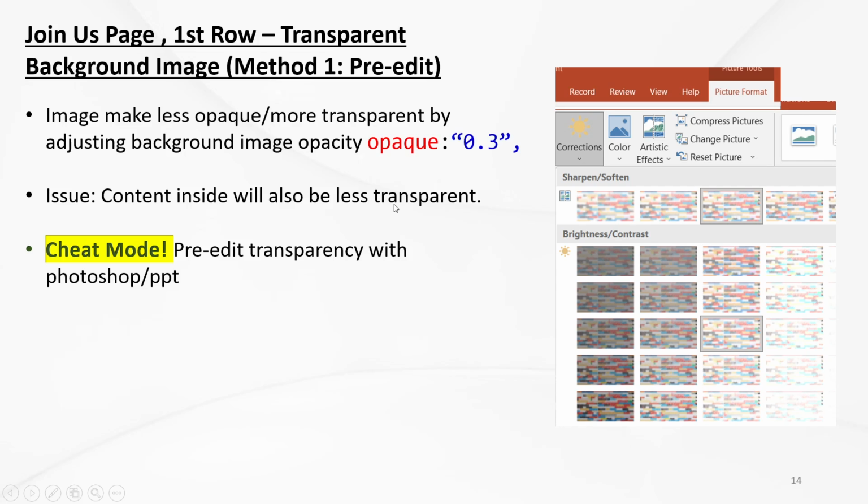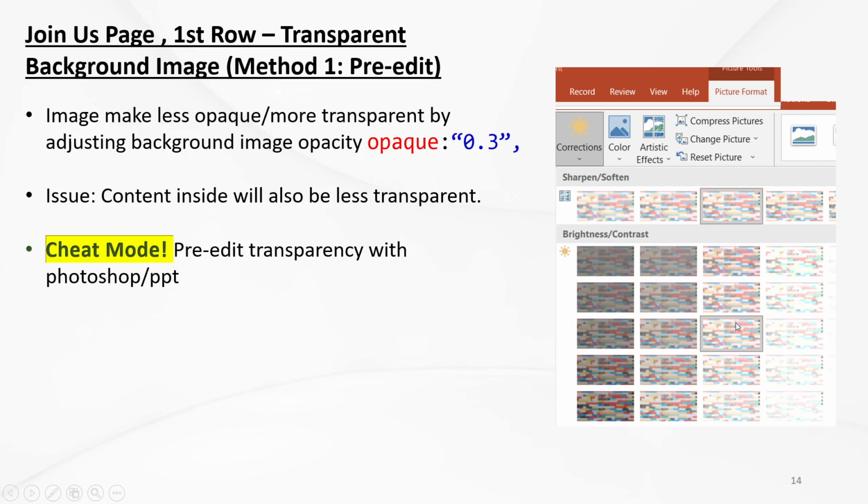So the workaround is to actually cheat by pre-editing the transparency with photo editing software such as Photoshop or PowerPoint slides. PowerPoint, which is what I do. As you can see here, under picture format correction, I'm able to adjust the transparency.